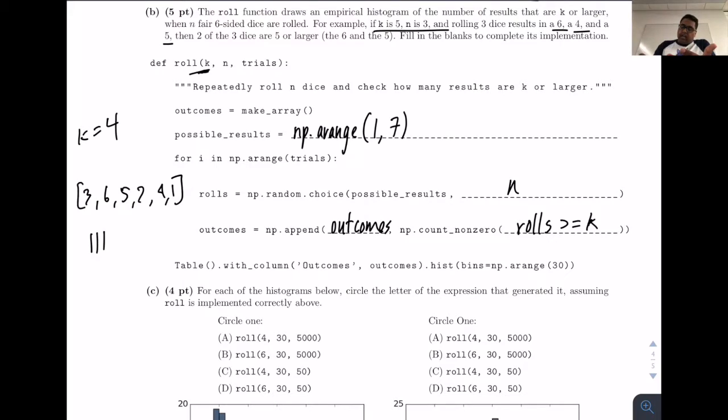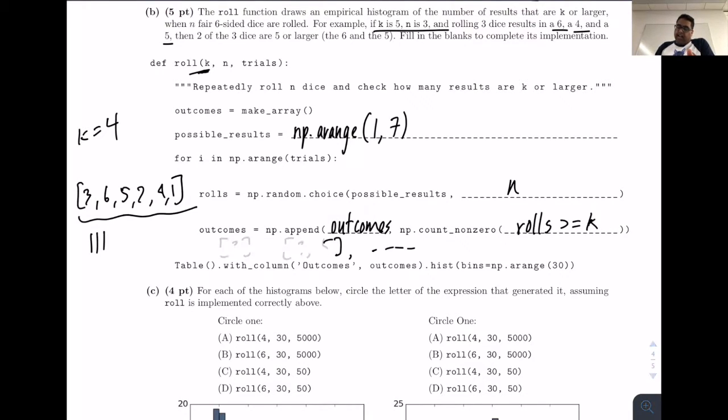So what is outcomes going to take on now? On its first iteration at least, it's going to take on the value 3. Then we roll this again, we'll get some new value and some new tally. Then outcomes will become 3, comma, some other value, like 5 or something, and so on and so forth.